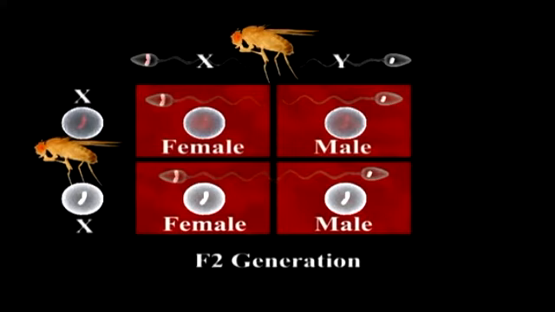The other 1/2 are white-eyed, inheriting the white-eye gene from their mother's X chromosome and no eye color gene from their father's Y chromosome. The outcome of Morgan's Punnett square is consistent with the actual breeding outcomes.